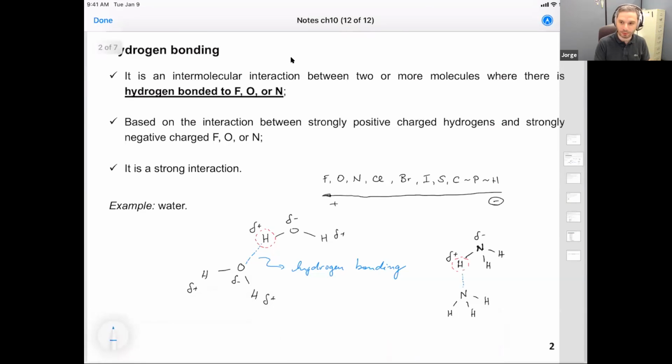And therefore, when we have hydrogen bonded to fluorine, oxygen, or nitrogen interacting with fluorine, oxygen, or nitrogen, we have again here hydrogen bonding. So this is a strong interaction and is the second one in the rank of strength for the intermolecular interactions.